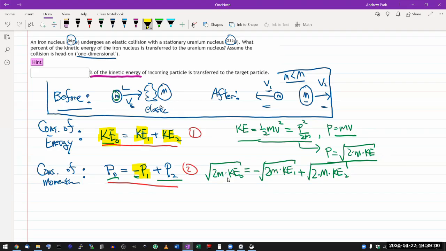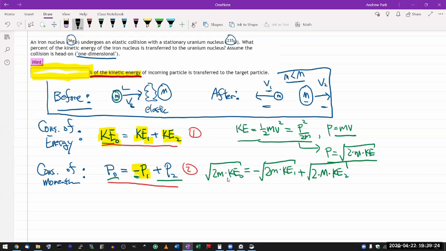There are a couple of different ways you can handle that. Let me put it this way. The question never asks you for the energies directly. It's asking for a percent of kinetic energy. So you can think of expressing this in terms of ratios.